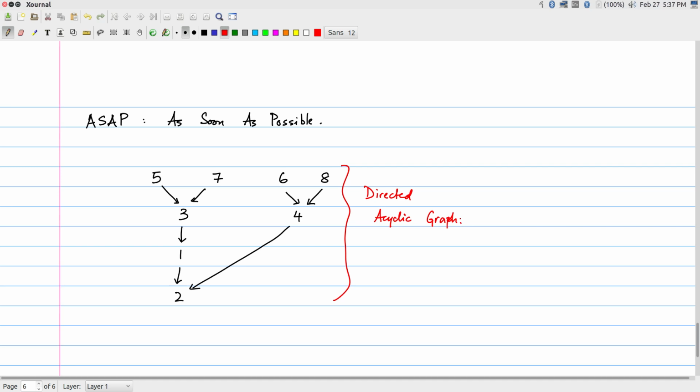But once I have this directed acyclic graph, I can use it to straight away draw an equivalent as soon as possible schedule. As soon as possible, as the name implies, means every operation executes at the earliest time instant possible. So what would the ASAP schedule for this look like? 5 and 7 would be over here.